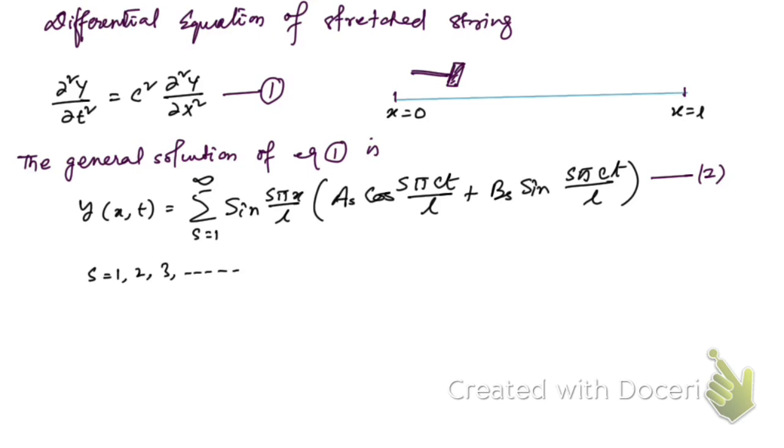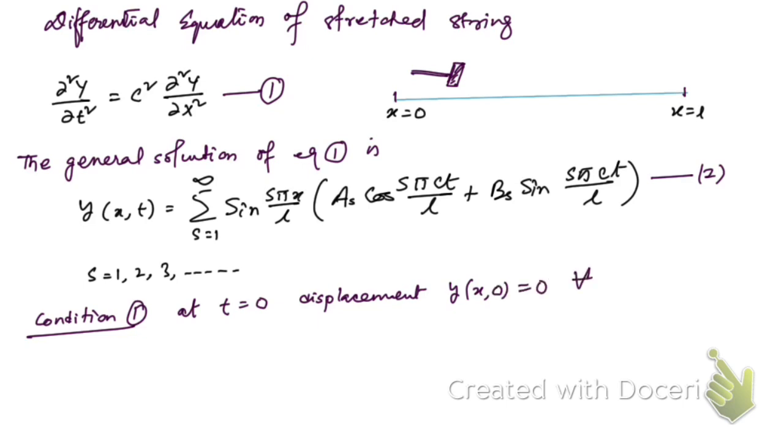So there are two conditions. Condition 1: at t is equal to 0, the displacement y of x comma 0 is equal to 0 for all values of x.